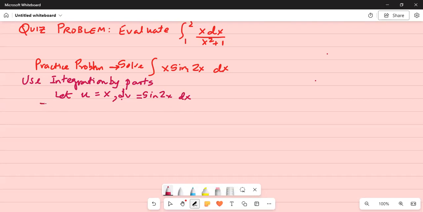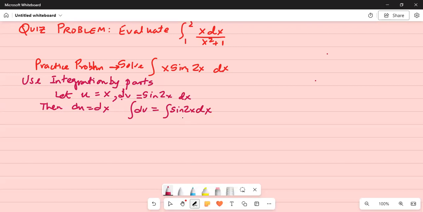Okay, then du is equal to dx. And if we integrate on both sides, the integration of dv is equal to the integration of sine 2x dx.